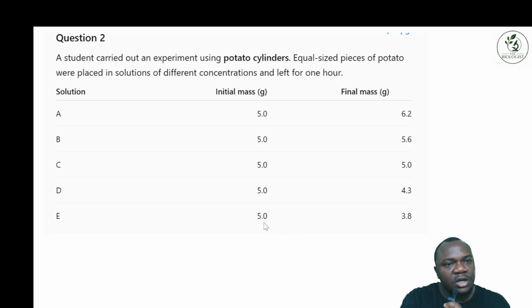The same thing for solution E. So it decreases in mass, which means something has occurred. For it to decrease, it means water actually left the cell. It made the size of the potato reduce, so the mass reduces.